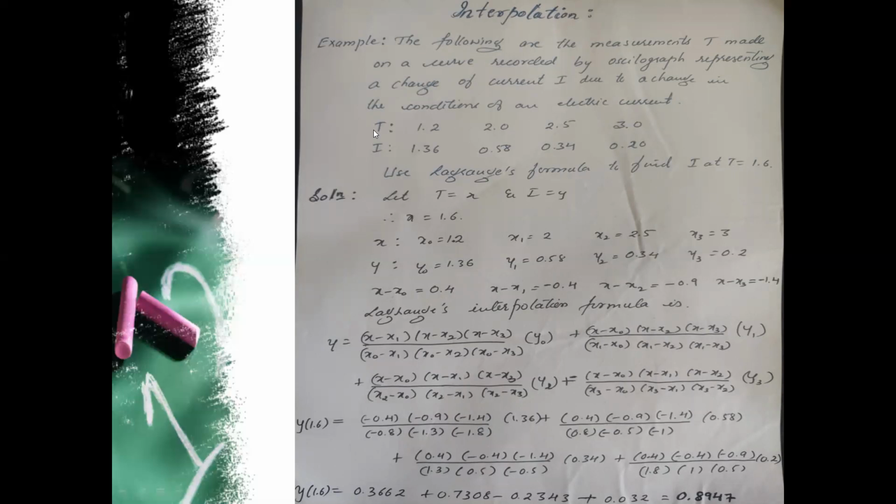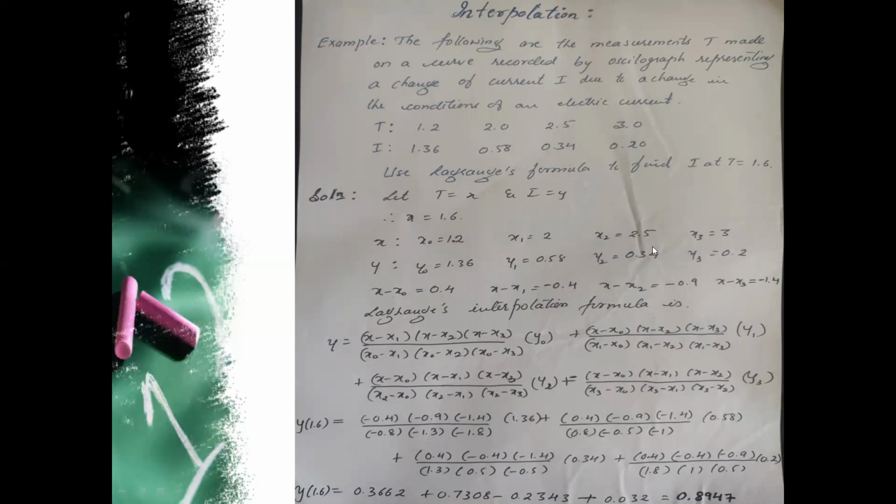Now here let us consider x instead of t and y instead of I for our convenience. Now at x equal to 1.6 we want the value of y. Now take the values here, given data as x0, x1, x0 is 1.2, x1 is 2, x2 is 2.5, x3 is 3. Similarly y0, y1, y2 and y3.